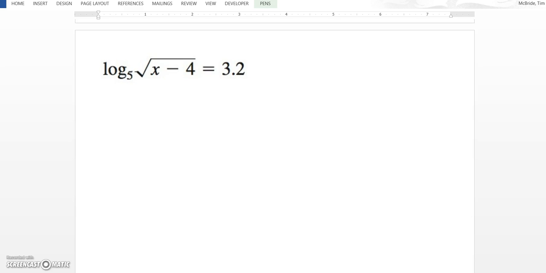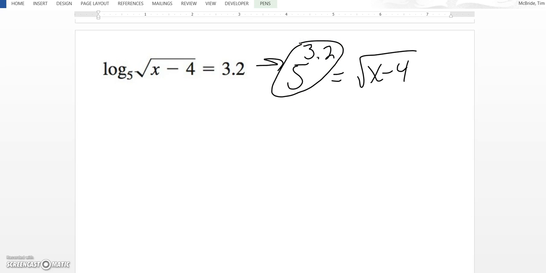Now with this example, it's a logarithmic example, base 5, so the log part is already by itself. So what we need to do is switch that to exponential form. So 5 and then 3.2 comes over as the exponent, and then we'll just leave it as the square root of x minus 4. And then we can plug this into our calculator. That should give us 172.47.